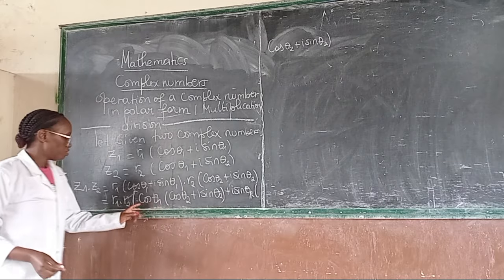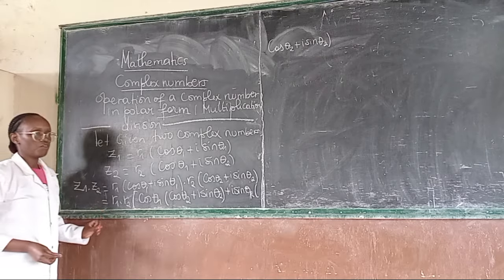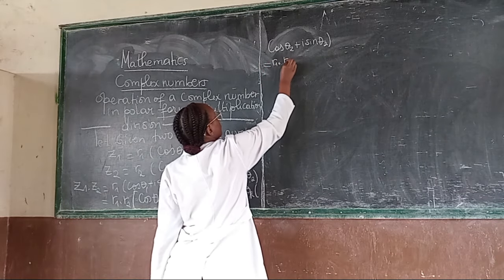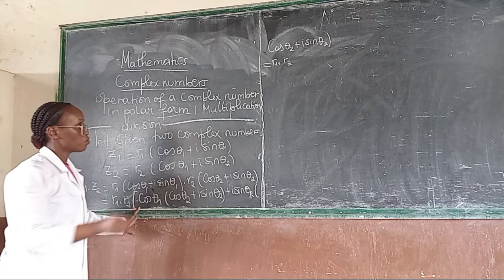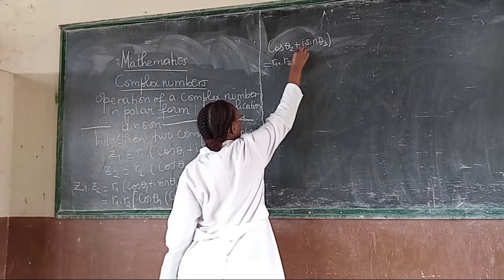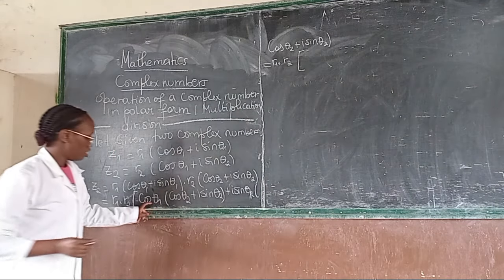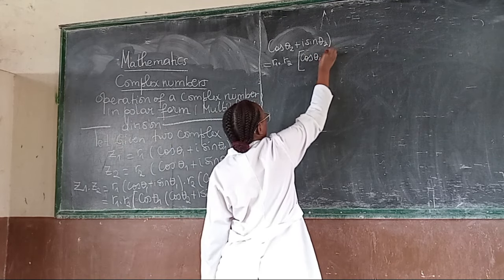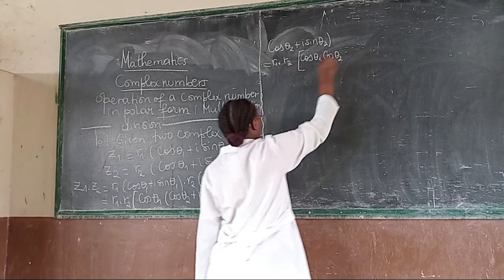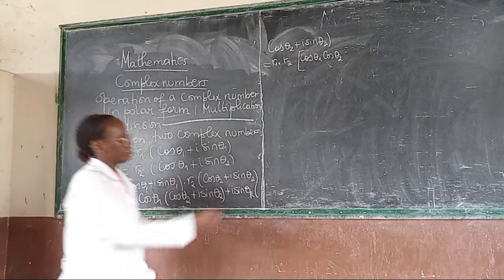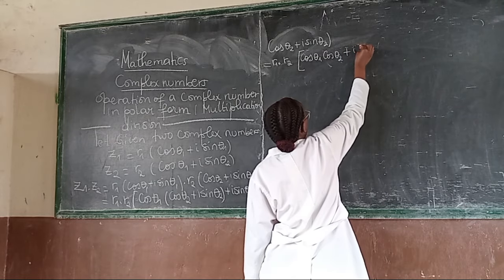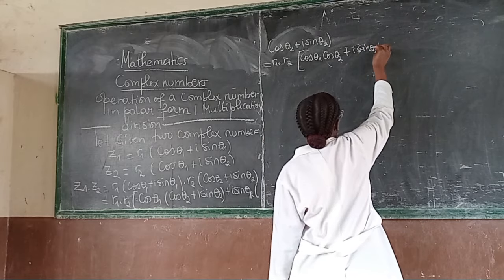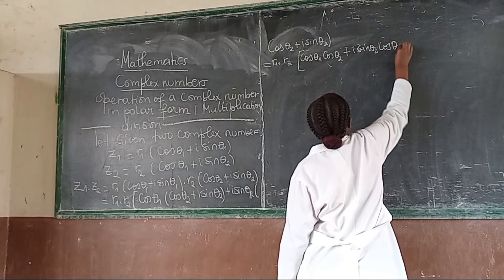So the next, what we are going to do here, we still have our modulus 1 times modulus 2, r1 times r2. Our cosine, if multiplied inside here, we will have cosine theta 1 cosine theta 2 plus i sine theta 2 cosine theta 1.